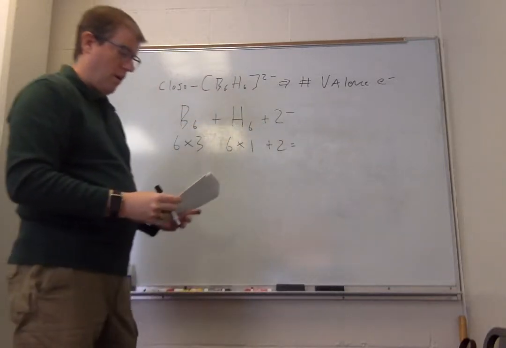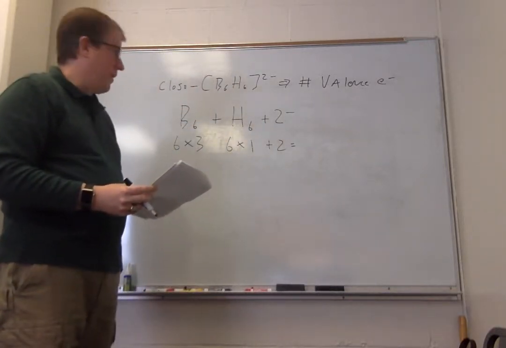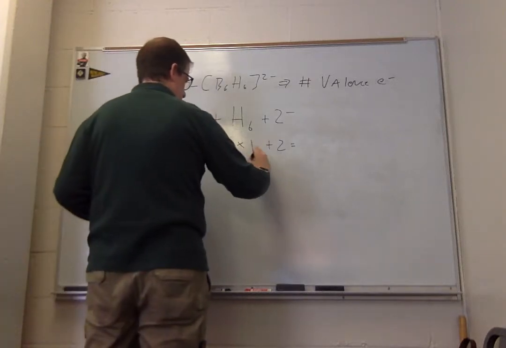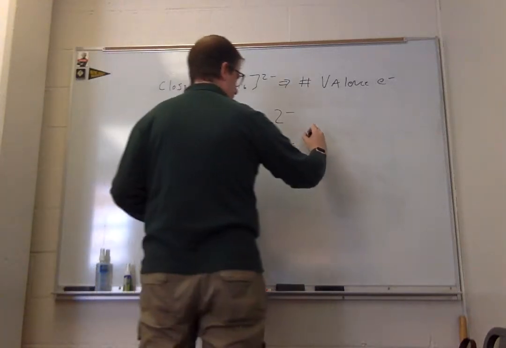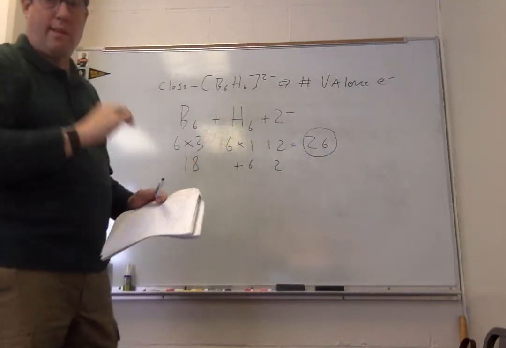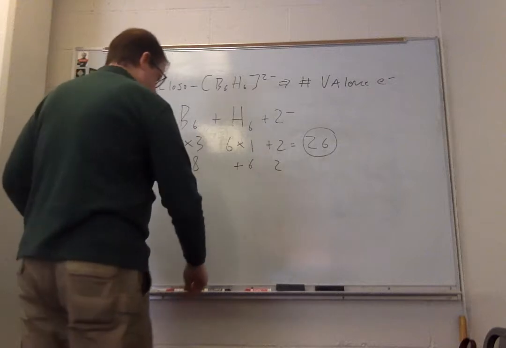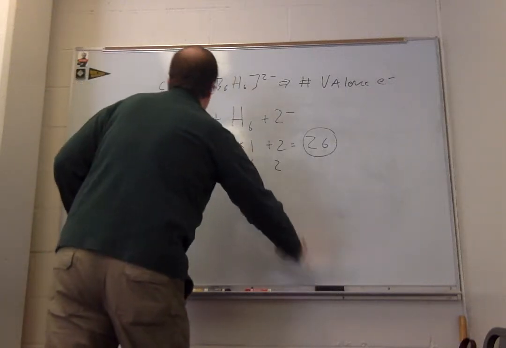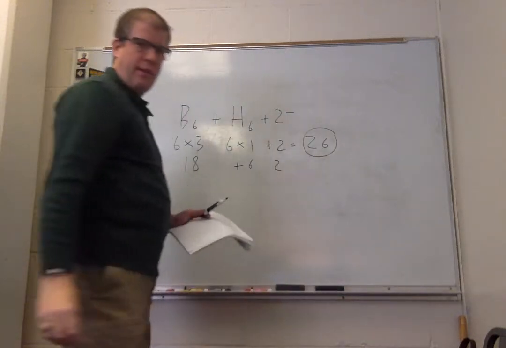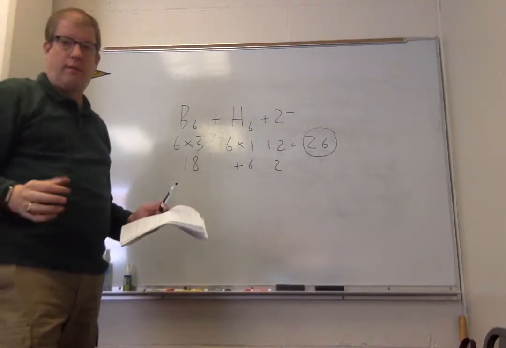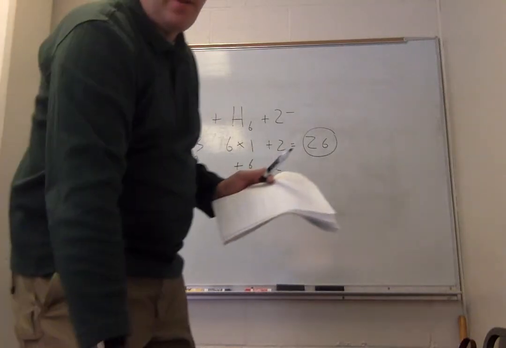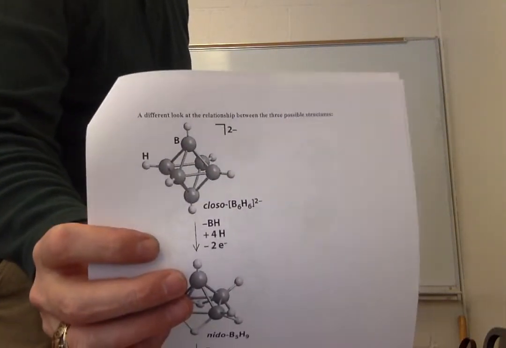Okay. So what if you add all that up? Well, what do we get here? 18 plus 6 plus 2. There's our magic number, 26. This cluster has 26 valence electrons holding it together. All right, so now before we get into anything more, once again, take a look at the picture here.